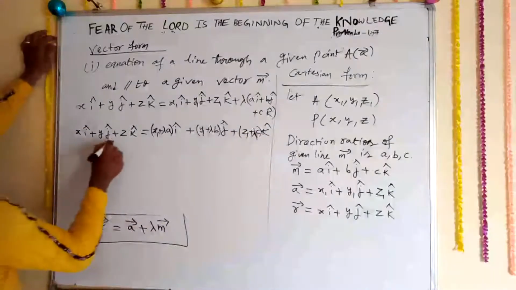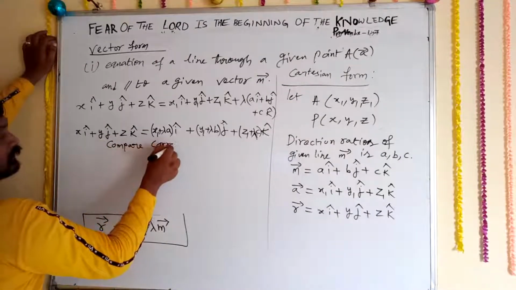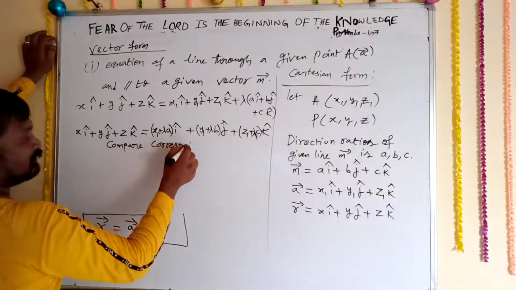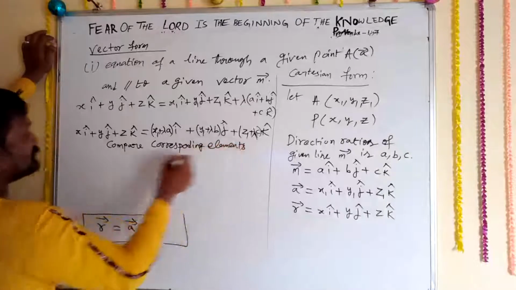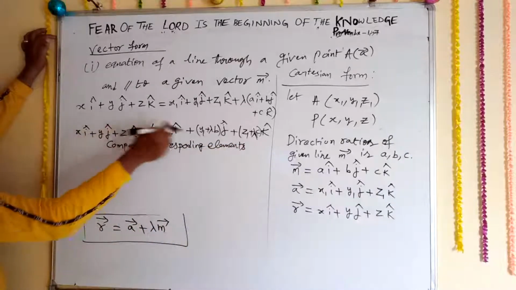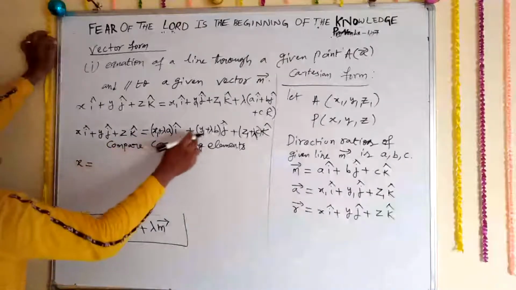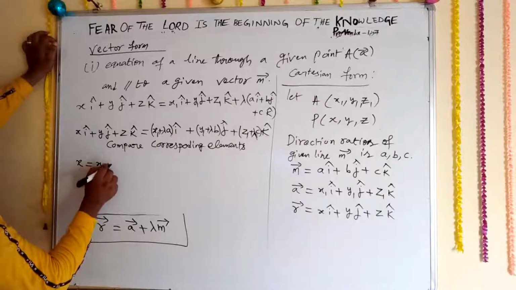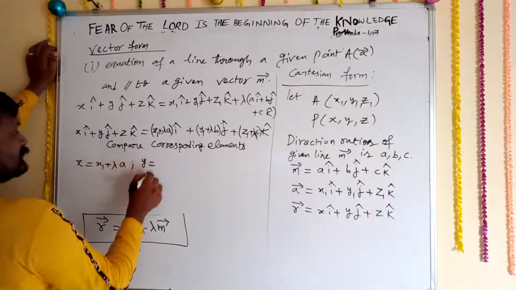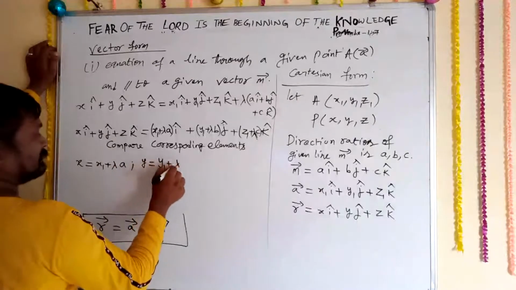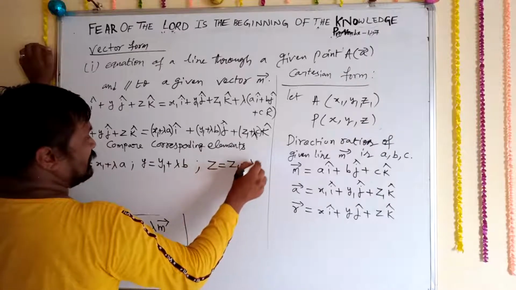After getting that, compare corresponding elements. That means i cap with i cap, j cap with j cap, k cap with k cap. So x is equal to x1 plus lambda a. Next, y is equal to y1 plus lambda b. Then z is equal to z1 plus lambda c.